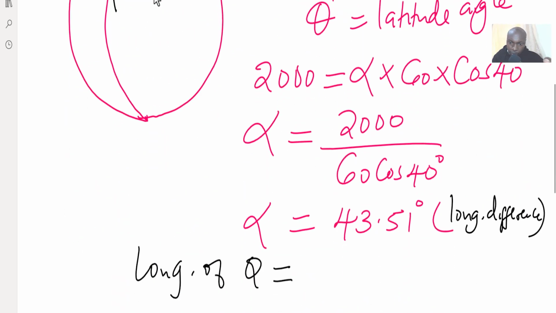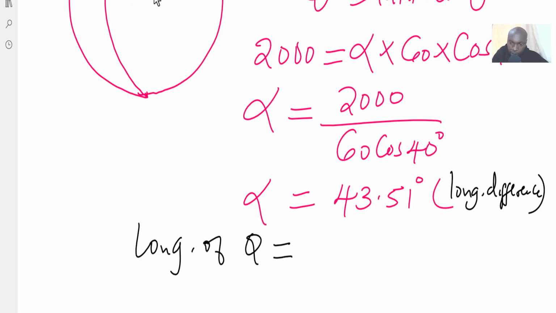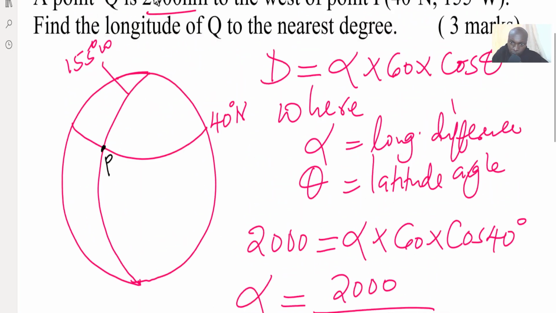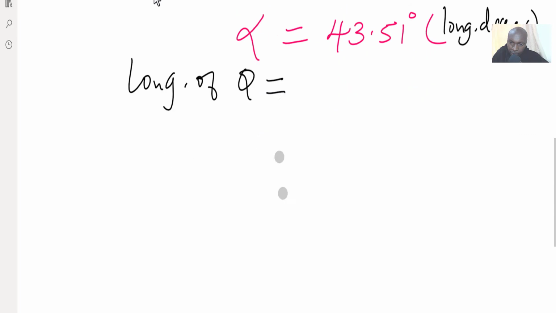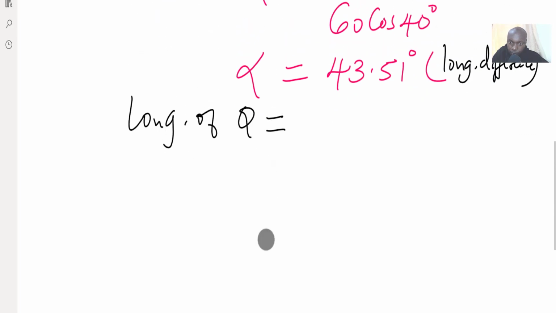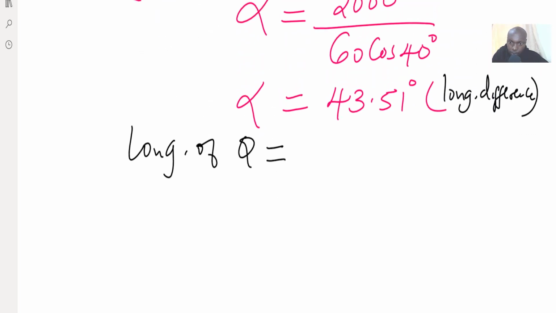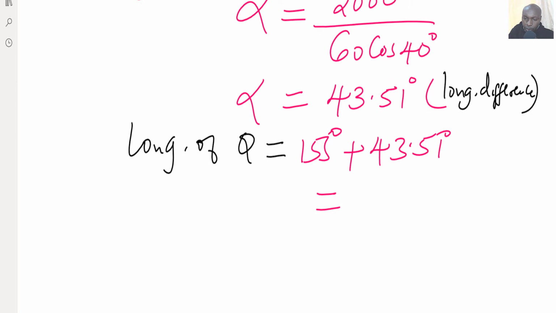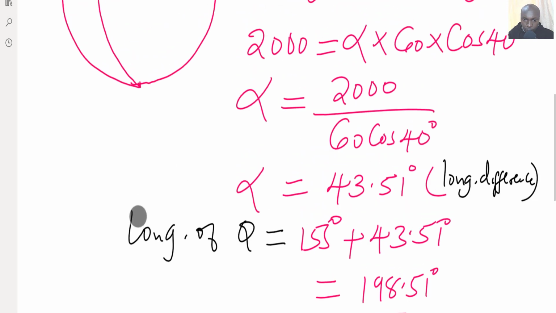So to get the longitude or the position of Q, we shall take the longitude of P, which is 155 degrees, plus this longitude difference, 43.51 degrees, and this will give 198.51 degrees. So that is the longitude of Q.